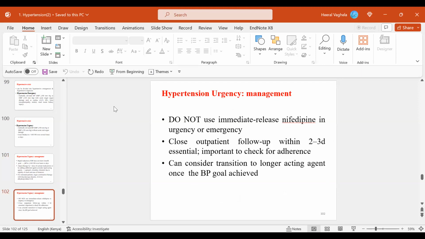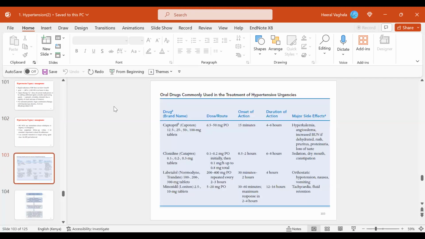In hypertensive urgency, nifedipine is not given because it can worsen cardiac ischemia. So you either increase the doses of the patient's current medications, or you add on captopril, clonidine, labetalol.